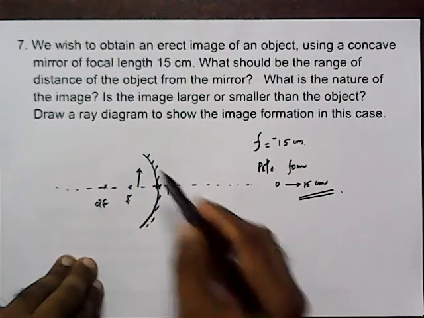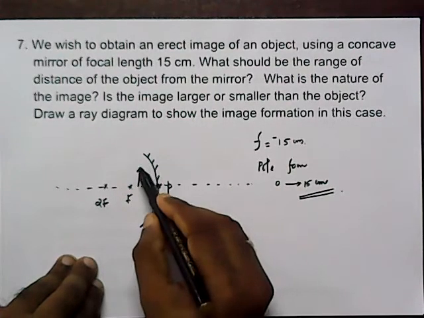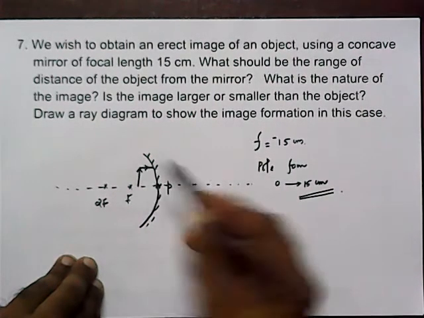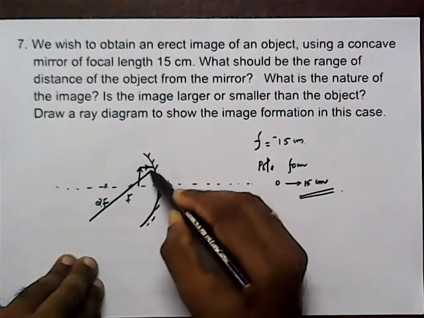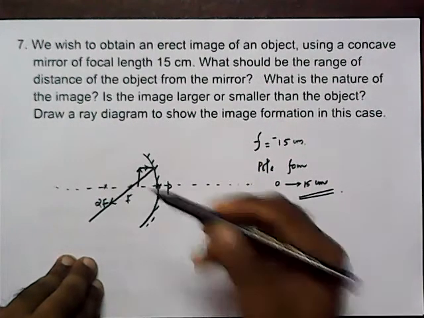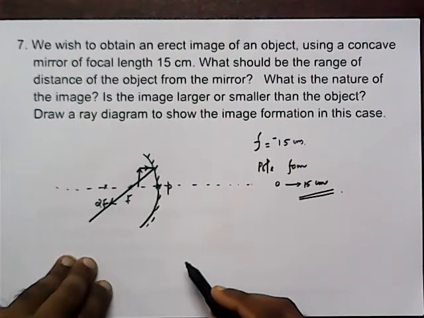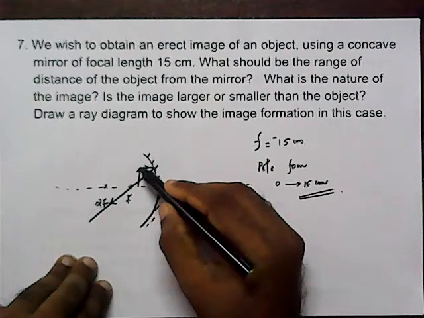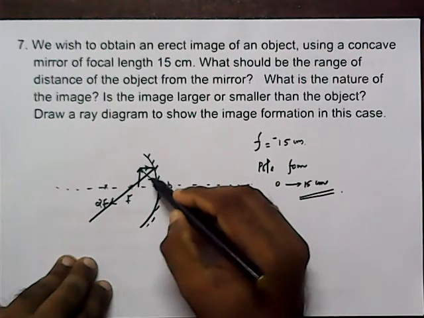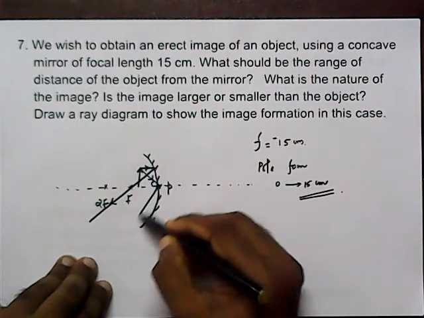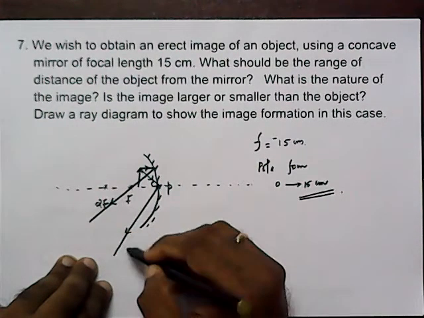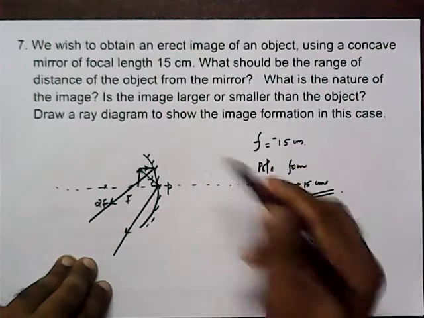The minimum two rays needed to form the image. The one ray parallel to the principal axis, after reflection, it must pass through the focus. And another one that is to the pole, but it reflects at the same angle and never converges, so it never gives a real image.